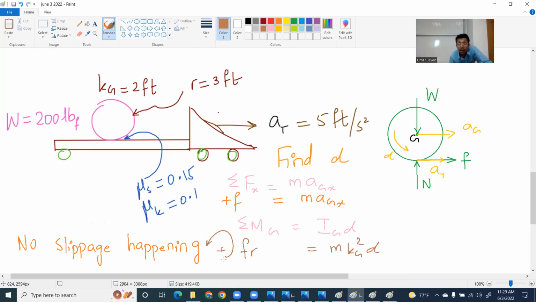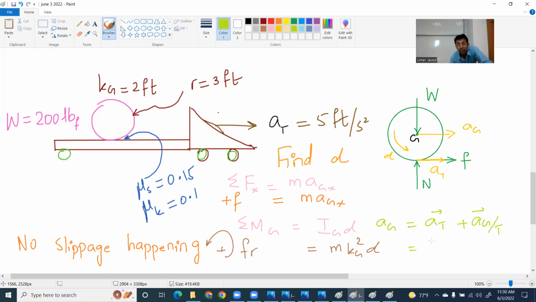Now I will write, assume no slippage is happening. So you will have a_G equal to a_truck plus a_G with respect to T. Now what is the first term?